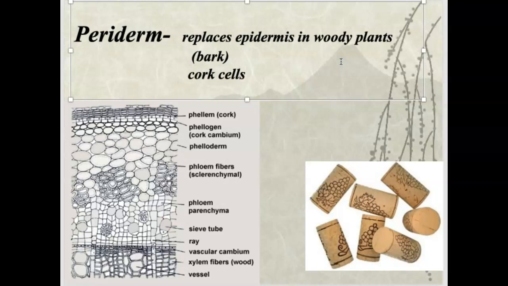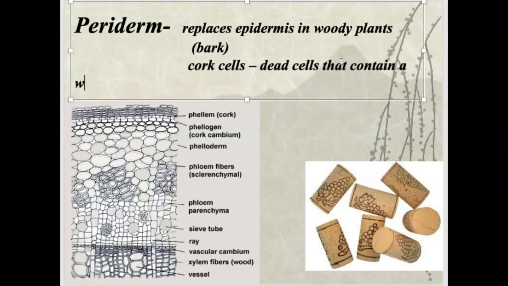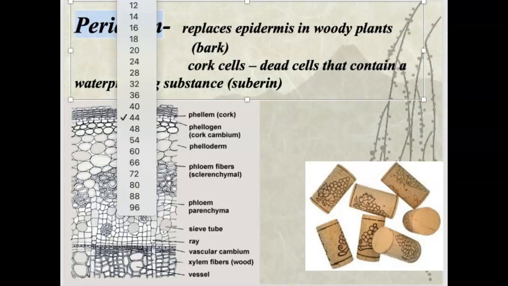Now, cork cells are going to be dead cells at maturity that contain a waterproofing substance. This is called suberin. This helps prevent water loss.